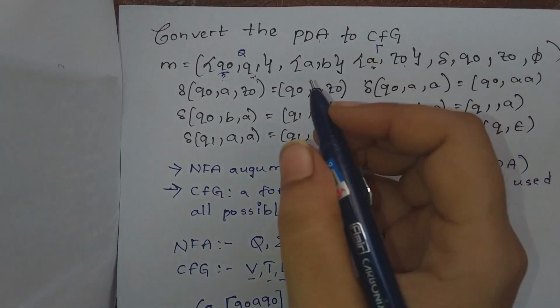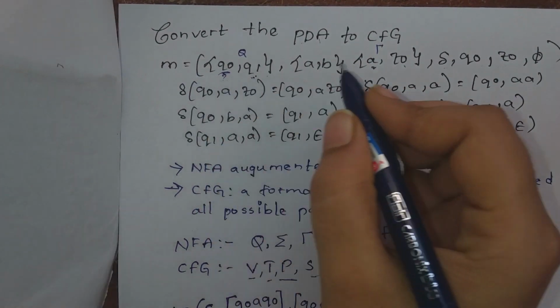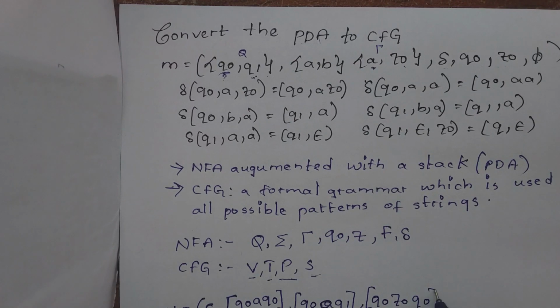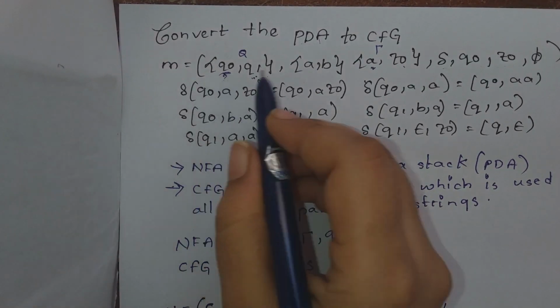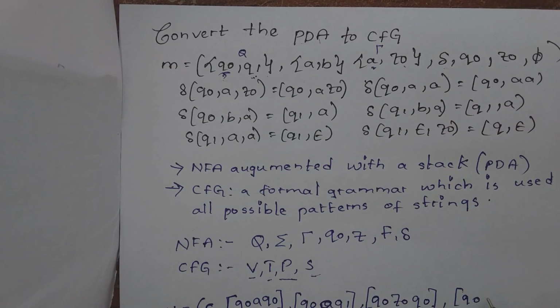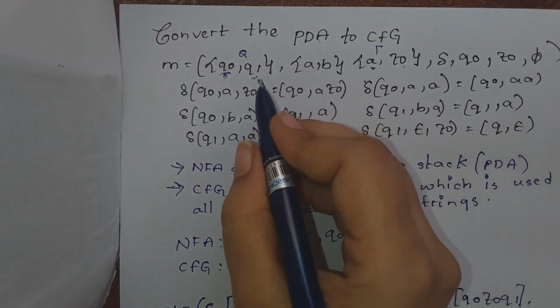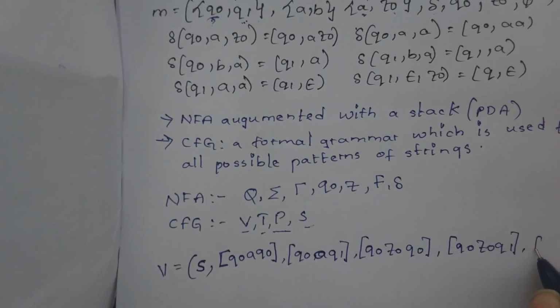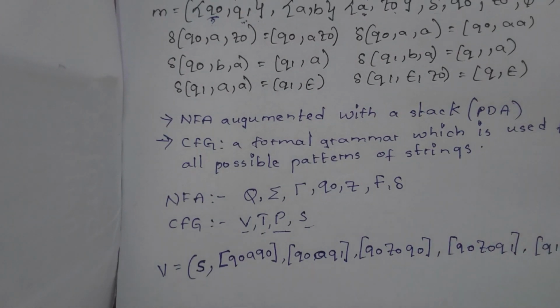Next, Q naught Z naught Q naught. After that, we have Q naught Z naught Q1. So we have completed with the start state, having considered all of this with Q naught. Now we are going to consider it with Q1.